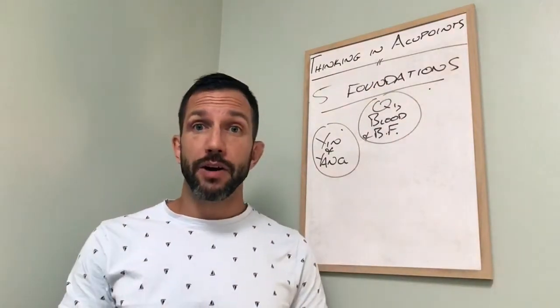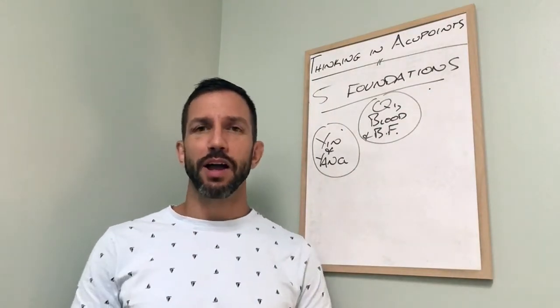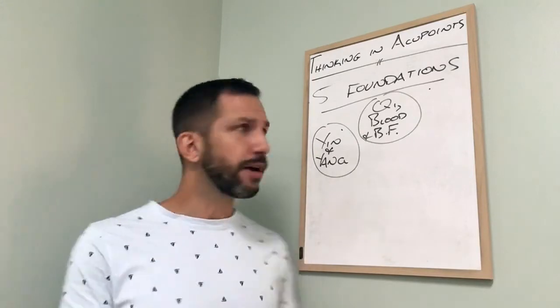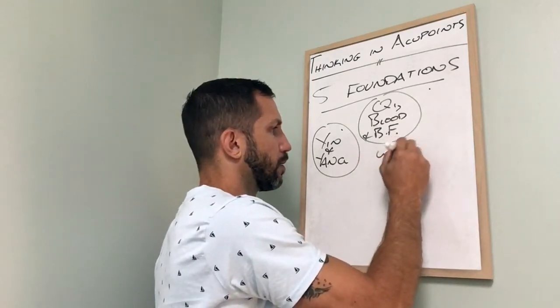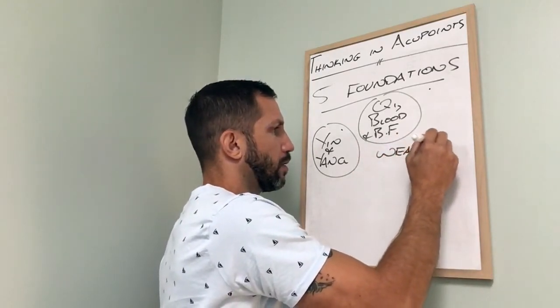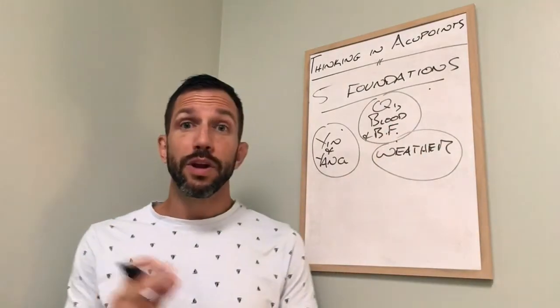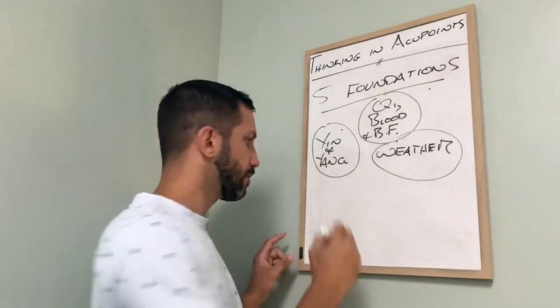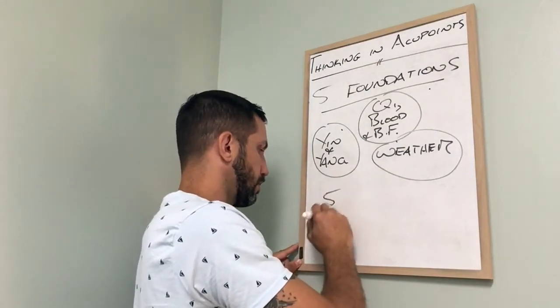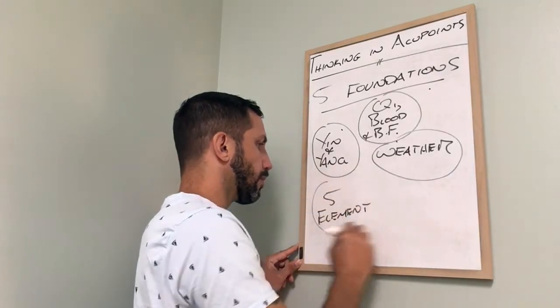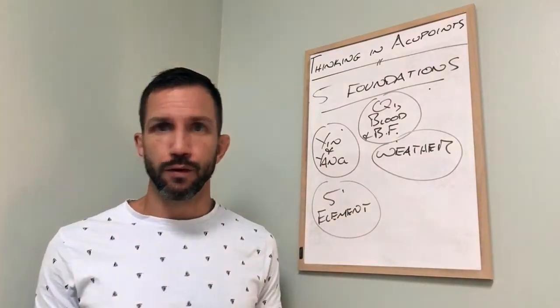We have weather pattern diagnosis. That's kind of a term that I coin because we have wind, dampness, dryness, hot, cold, fire. We do have 5 element diagnosis. And we have Zhongfu.